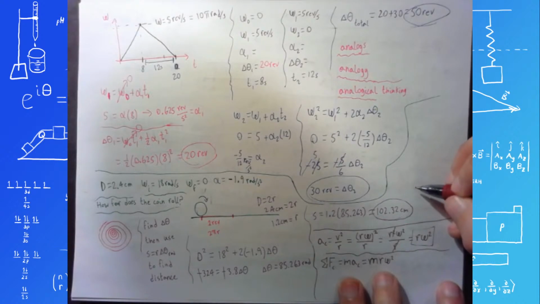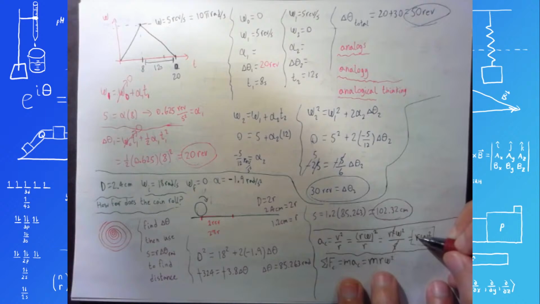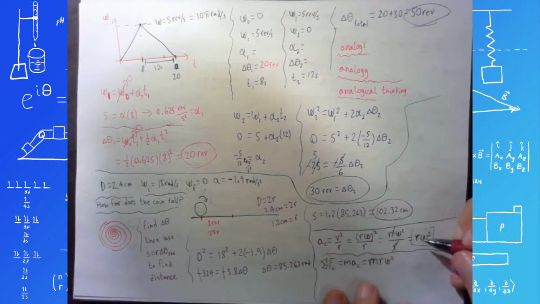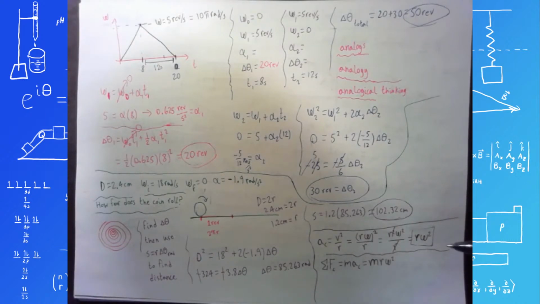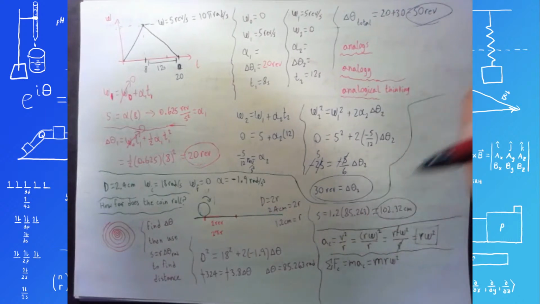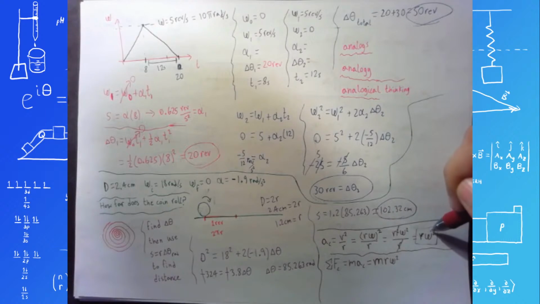If we're talking about a bunch of things that are moving with the same angular velocity, this tells you that the objects that are further out for the same angular velocity actually require a greater centripetal acceleration. And that might seem contradictory, because didn't we say that greater distance means you have a lower centripetal acceleration requirement? Yes, but this is from the perspective of you've already decided ahead of time what you want your angular speed to be.